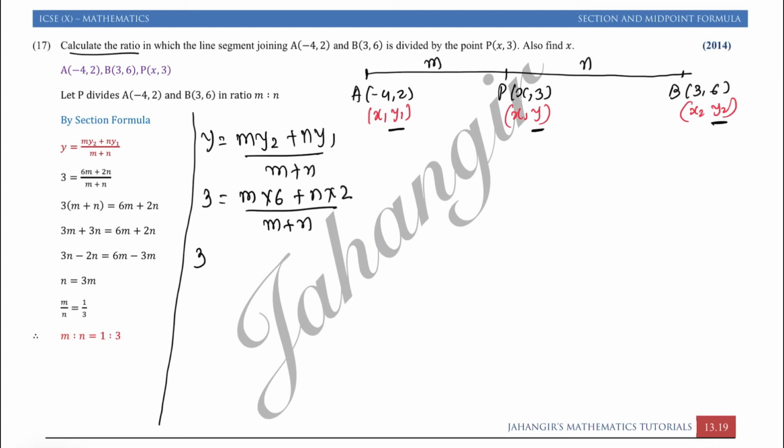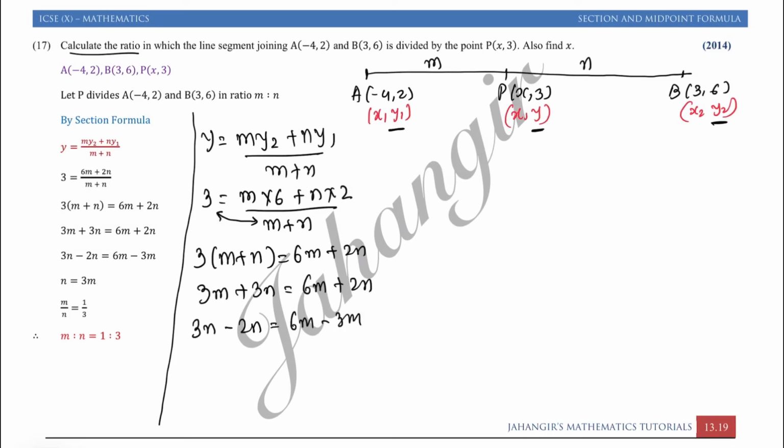So just cross multiply, 3 into m plus n is equal to 6m plus 2n. So 3m plus 3n is equal to 6m plus 2n. Just shift like terms, 3n minus 2n is equal to 6m minus 3m.